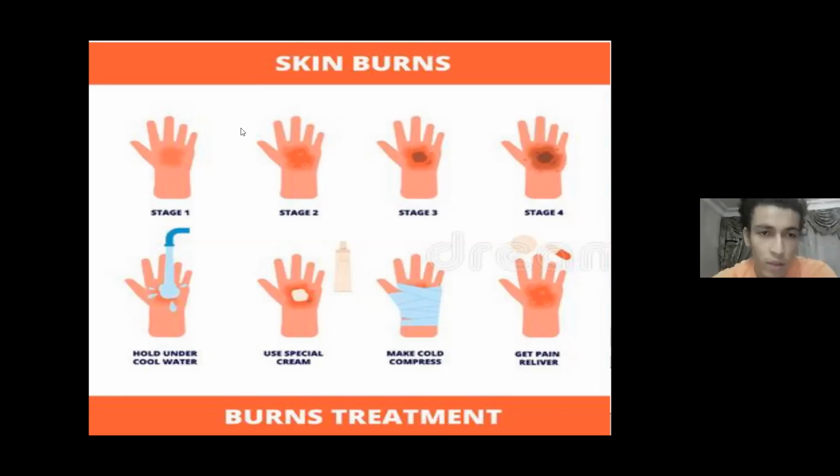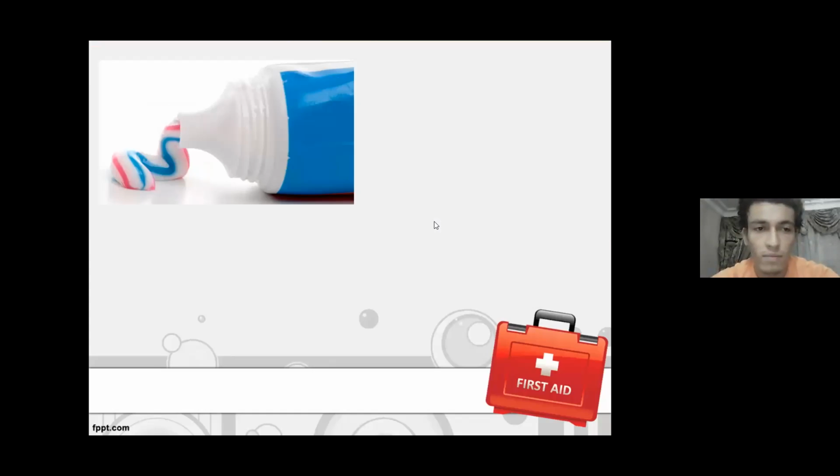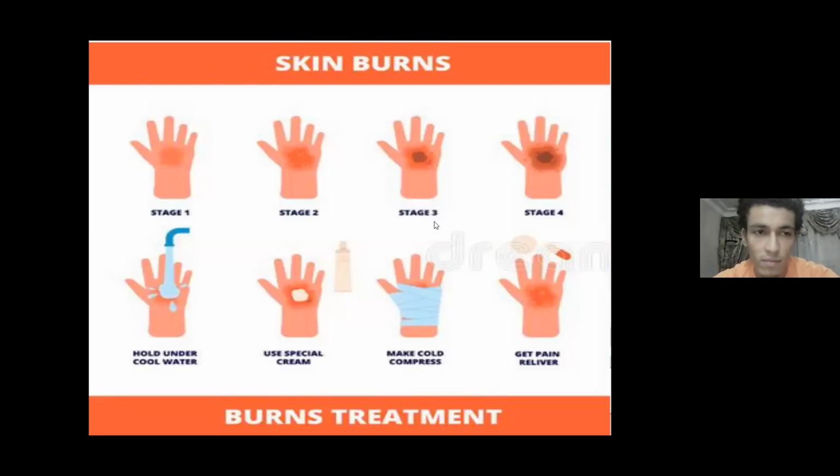Anyone have any question about burns, or is it clear? What was your stage, Layla? First or second degree, third degree? I guess this was the first.